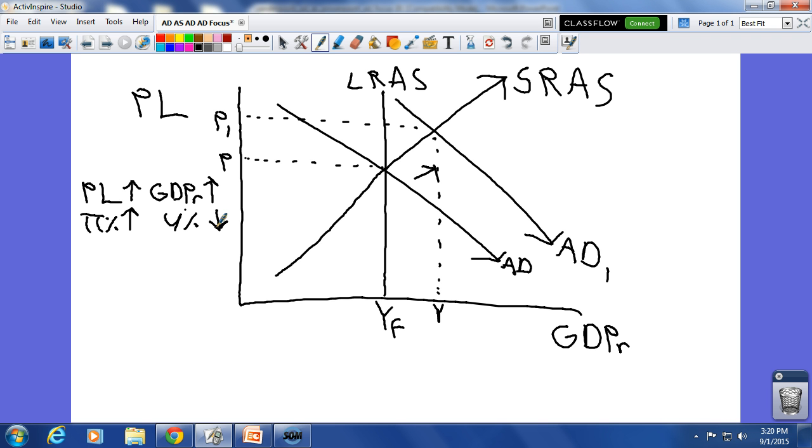Because in this case, real GDP went up, meaning there's more production, meaning there's more hiring, which means that the unemployment rate goes down. Okay? So now we've shifted aggregate demand to the right with that increase in government spending, and we saw that that increased the price level, that increased real GDP, that increased inflation, and that lowered our unemployment rate.